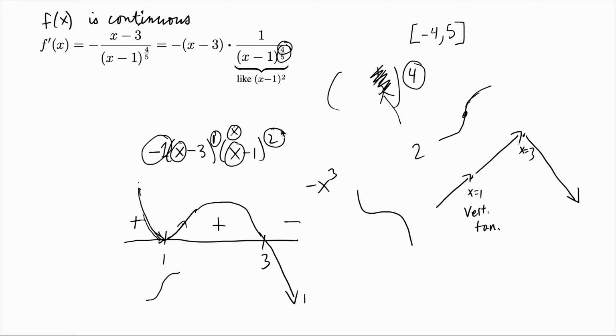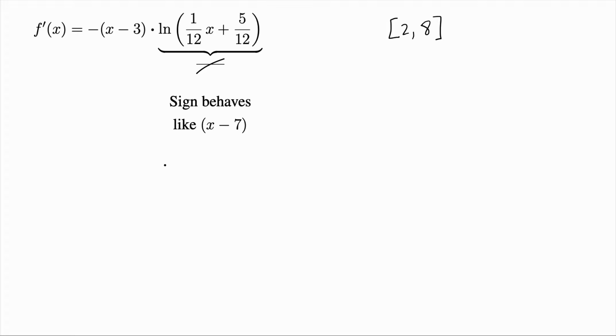At x equals 3, if we plug in 3, notice the derivative is going to be 0 momentarily. We're going to get a momentary flattening at x equals 3 and then coming down. So we get some nice information at x equals 1 from a sign determining polynomial of the first derivative. And we'll move on to another example.